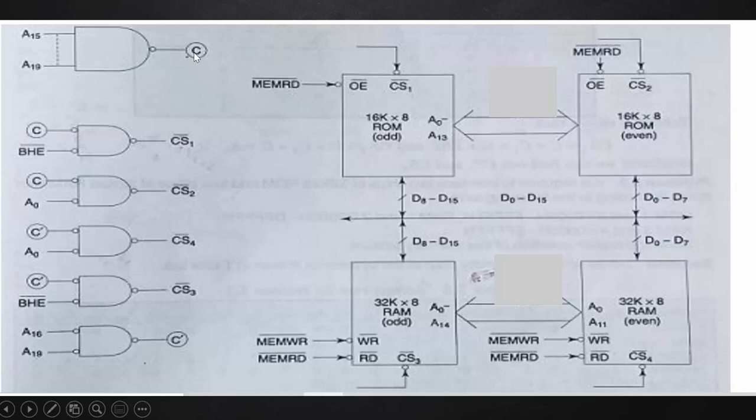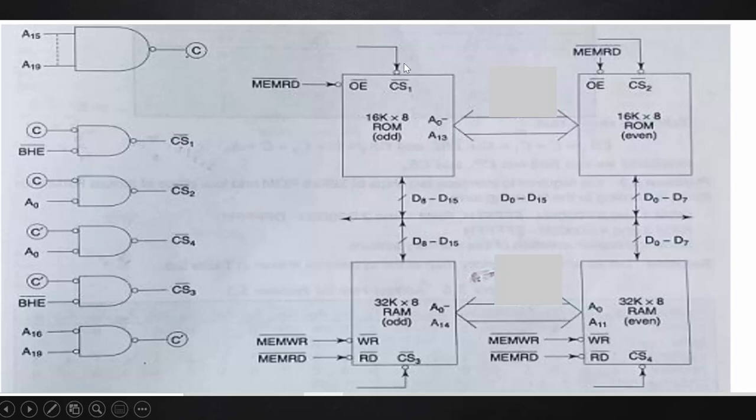This can be used for setting our chip selection in the case of ROM. The address information is applied to this particular gate and its output is taken as one of the inputs for setting this chip selection.